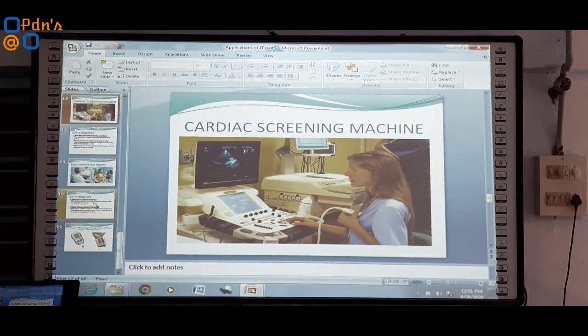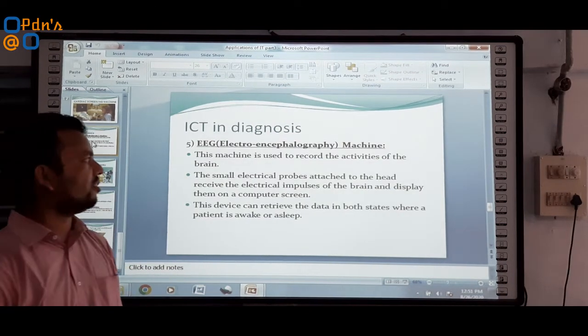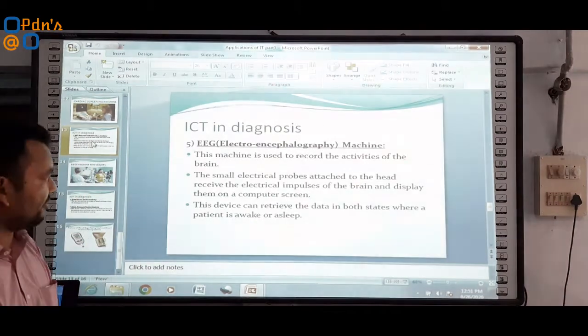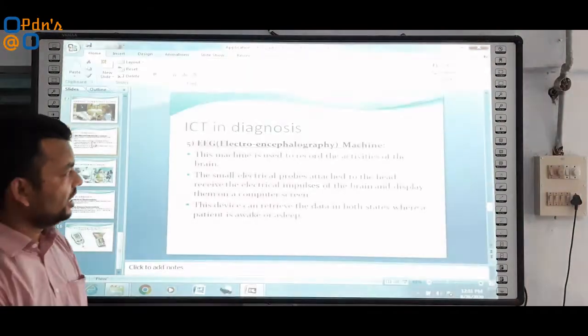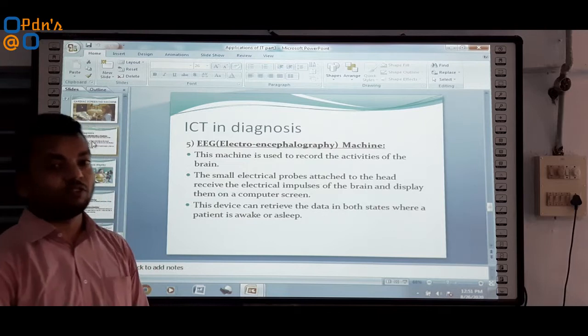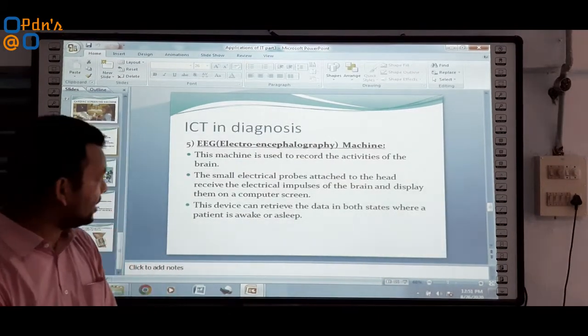Now, apart from this device, one more type of device is there, that is the electroencephalography machine. It records the activity of the brain. Just as in the case of the heart, electroencephalography is there for the brain. It is used to record the activities of the brain.